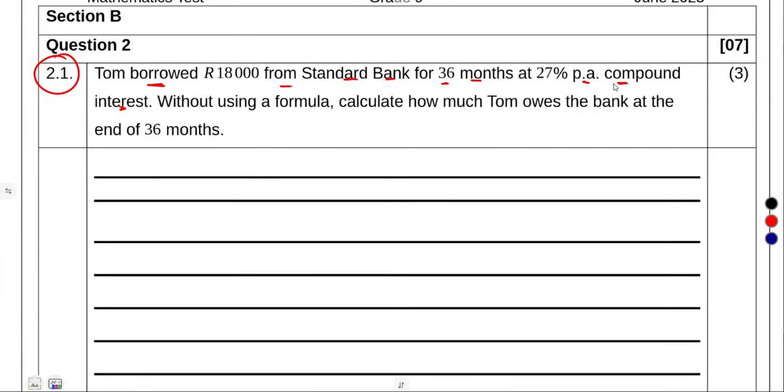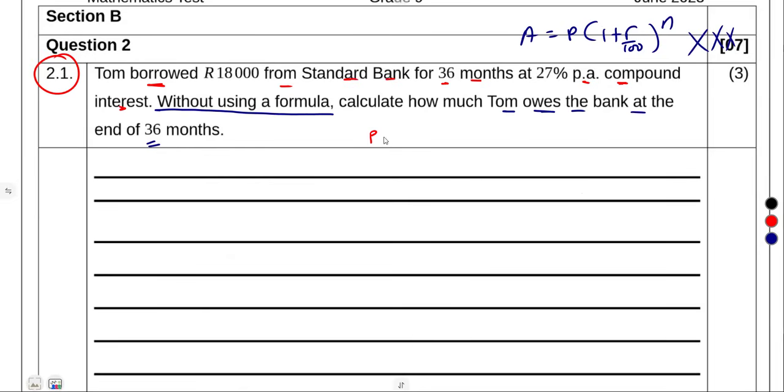It's compound interest. But in this case, we are being told, without using the formula amount is equal to P into 1 plus R over 100 to the exponent of n, without this formula, calculate how much Tom owes the bank at the end of 36 months.